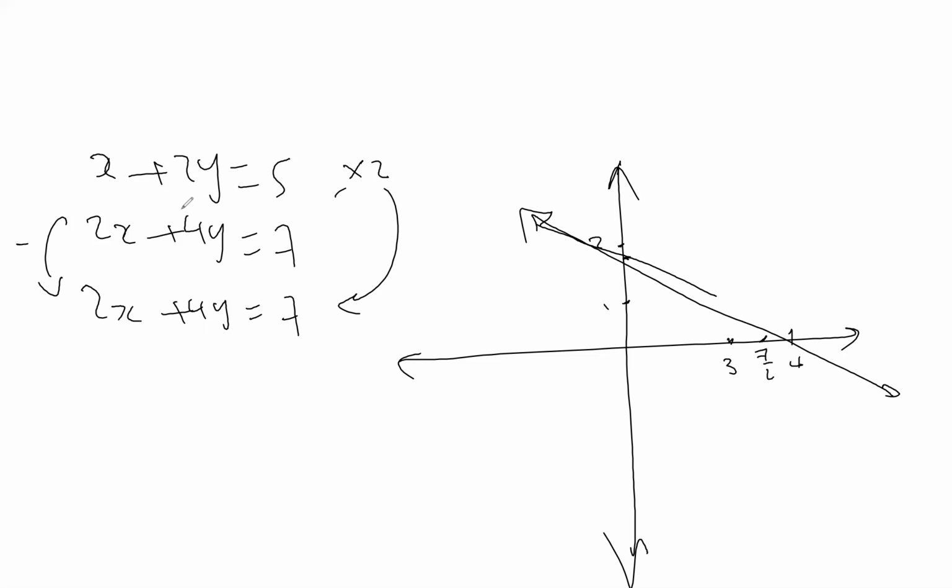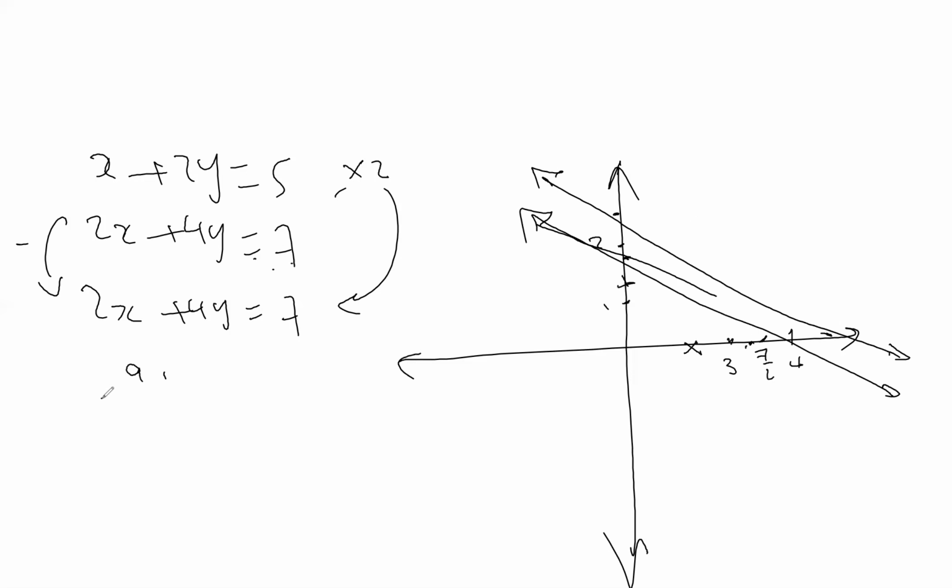The y-intercept is 5 over 2, which is 2.5, and the x-intercept is 5. And when you graph this line, you will find the two lines are parallel. Then there is no common solution between them.